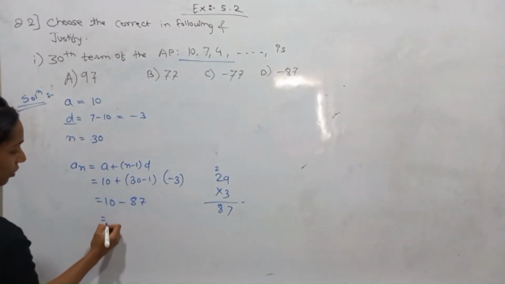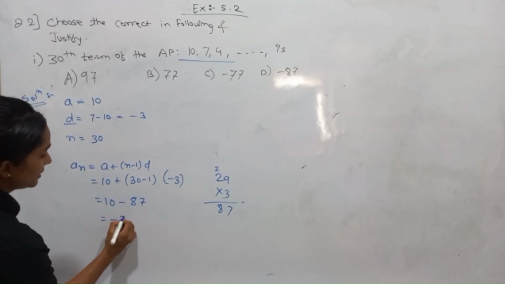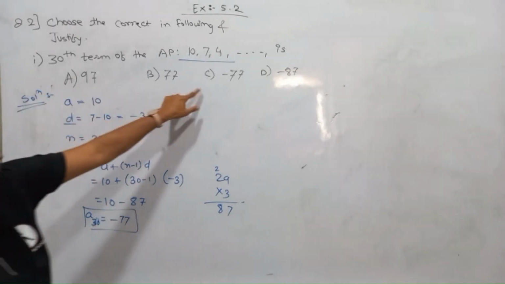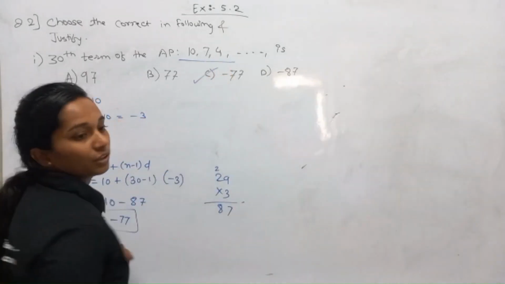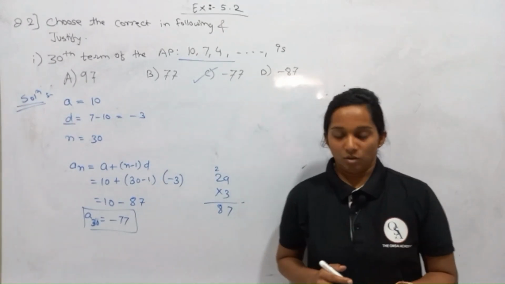Okay, so 87 minus 10 is nothing but minus 77, and this is how we got the 30th term, which is nothing but minus 77, and we have option number C. Okay, so this is how we got the solution of the first question.